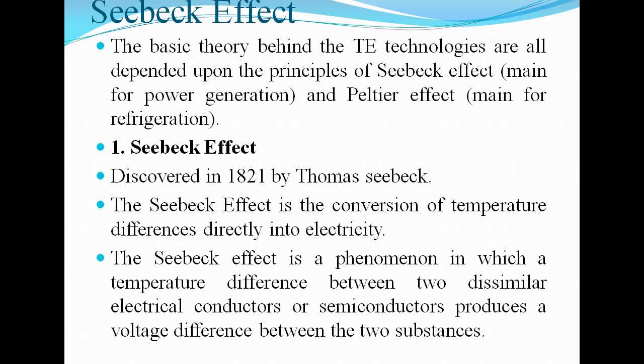So basically, when two dissimilar electrical conductors or two semiconductors are joined together, we will get a voltage difference between the two substances when they are at different temperatures. That is the Seebeck effect.